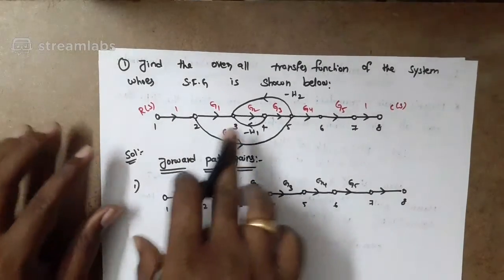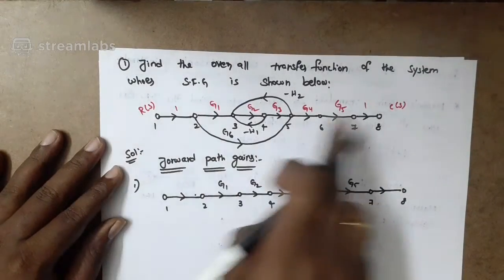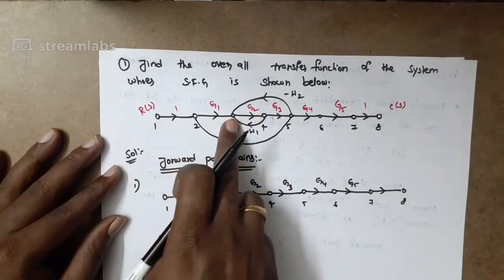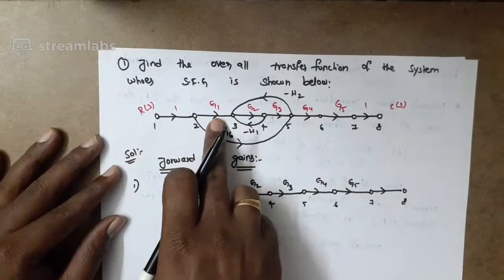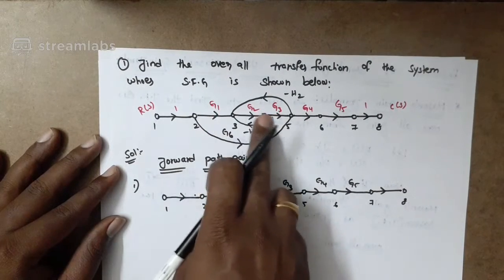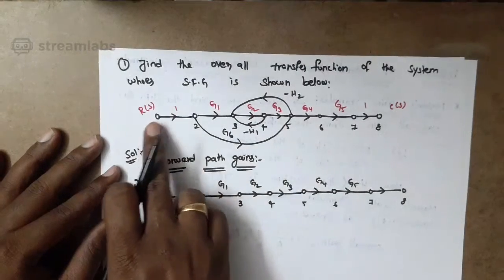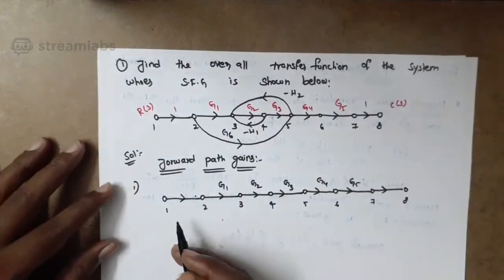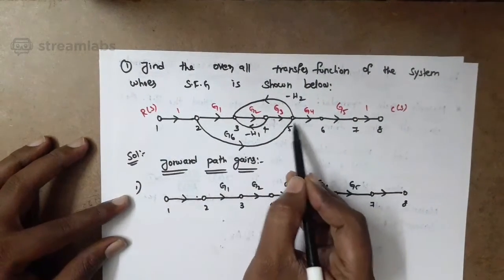Is there any one more forward path? The path which travels from the input node to the output node without crossing a node more than once. Here the signal goes from 1 to 2, 2 to 5, 5 to 6, 6 to 7, 7 to 8.